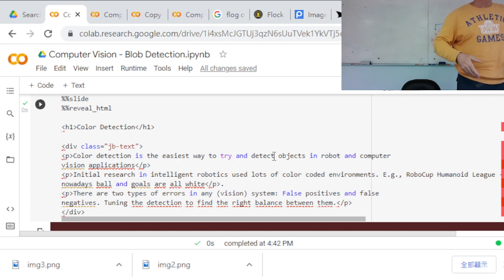You work for Elon Musk, Tesla car. You're trying to detect bicycles, right? It doesn't tell you if there was a 10% error rate.